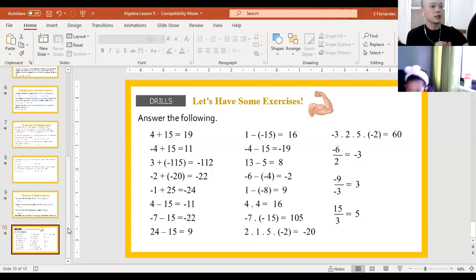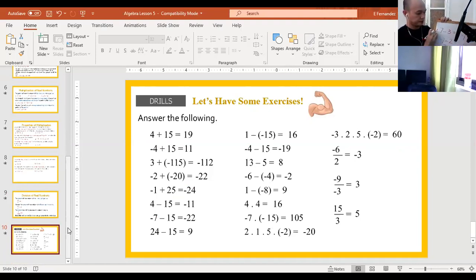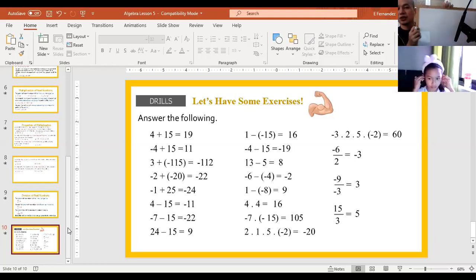I will give you exercises on the whiteboard. I will just ask you to do one each: one addition, one subtraction, one multiplication, and one division.